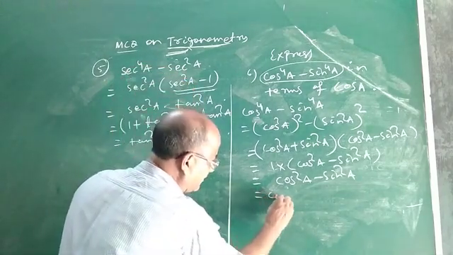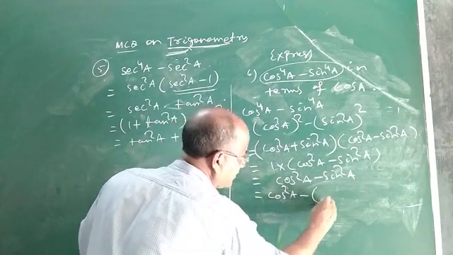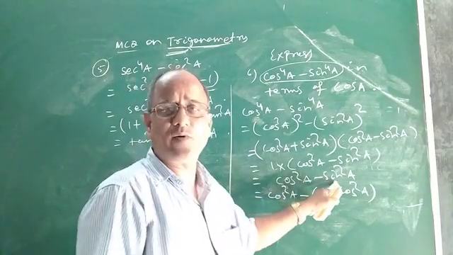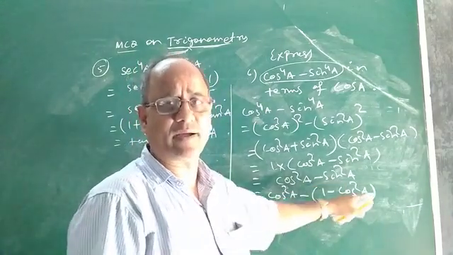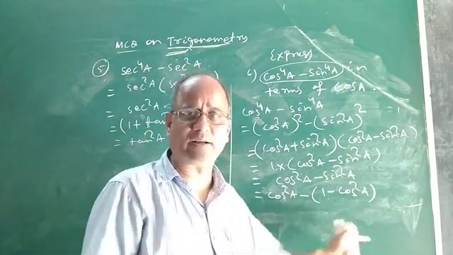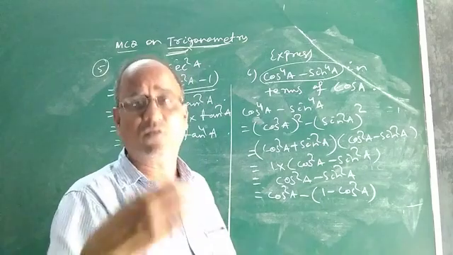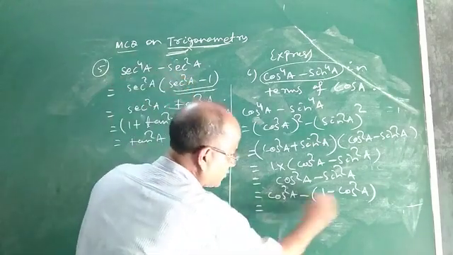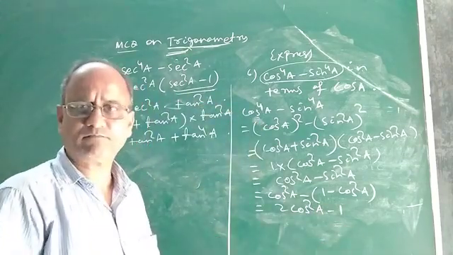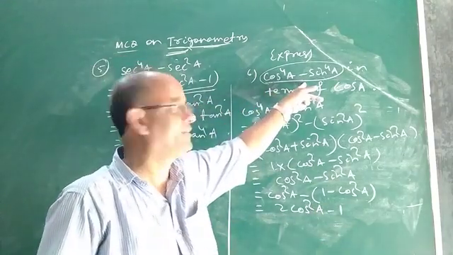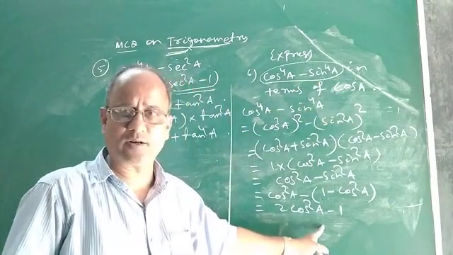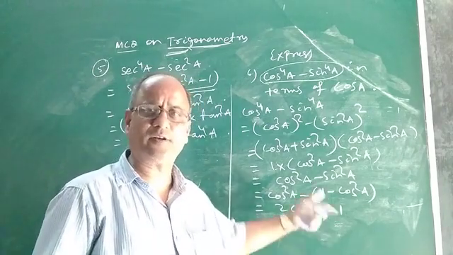So this can be written as cos^2 A minus (1 minus cos^2 A). Now remove the bracket, and the entire expression will be in terms of only cos. On simplifying, it becomes 2 cos^2 A minus 1. So if this trigonometric expression is expressed in terms of cos ratio, it will give you this. If this is there in the options, you will take it.